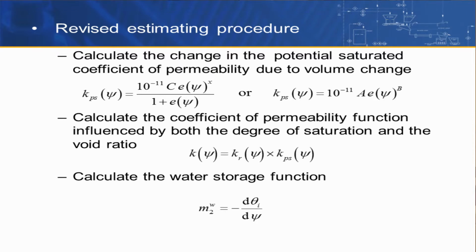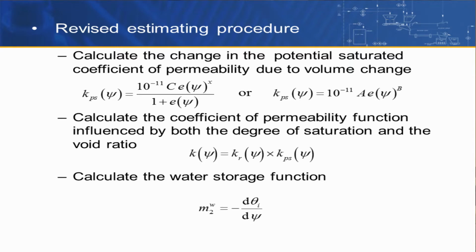And then after we have this relative coefficient of permeability, the next step is to obtain the saturated coefficient of permeability versus soil suction, and this is the equation that we could use.